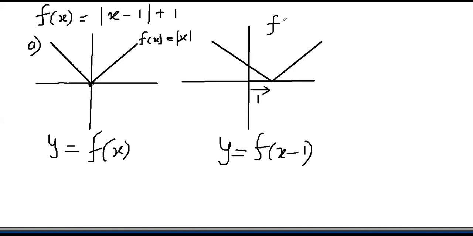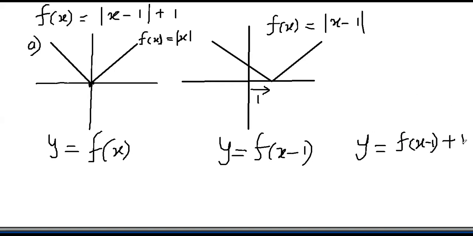Then this one is like this. We can write f(x) equals modulus of x minus 1. Next one is like this. We have to consider y equals f(x minus 1). We already drew it. But add 1 separately. Separately, that means we have to change the y value by 1. Therefore, what happened to the graph?